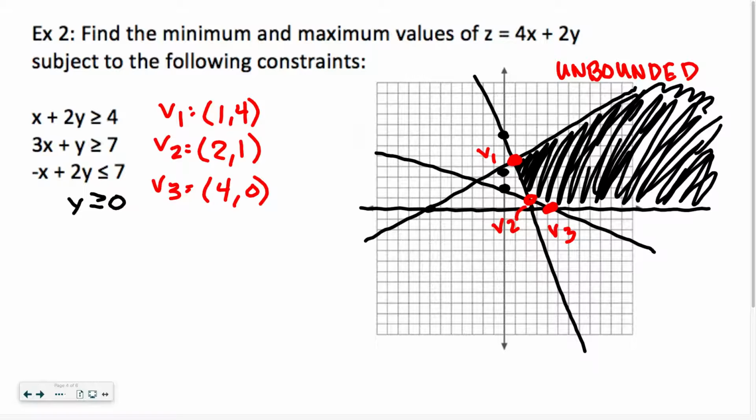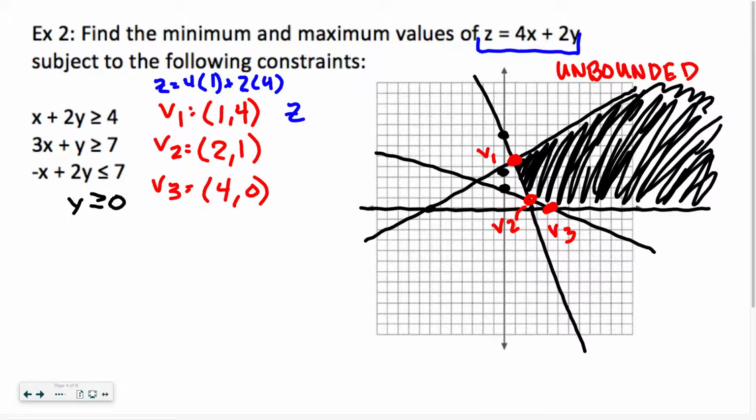All right, find your z values, right? You found your vertices, plug them into your objective function. The objective function changed. It's now 4x plus 2y. So in this one, z equals 4 times 1 plus 2 times 4.